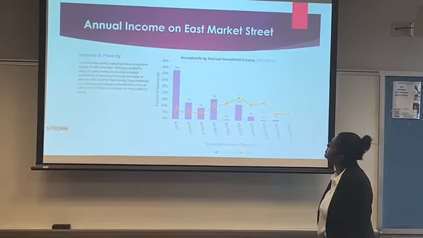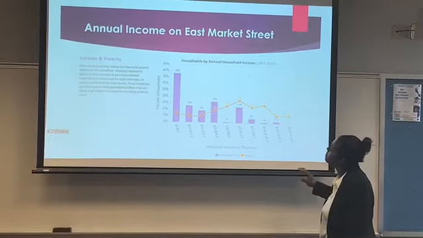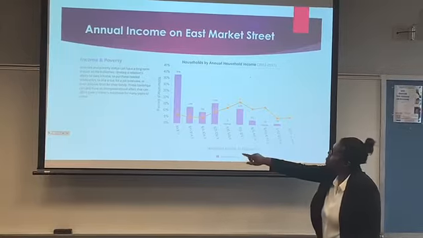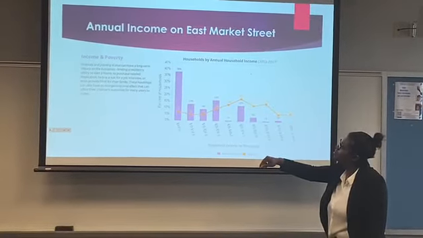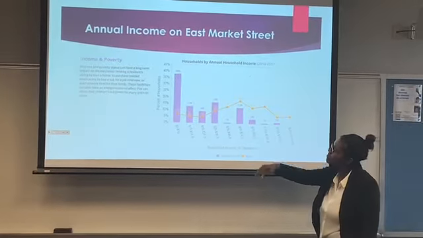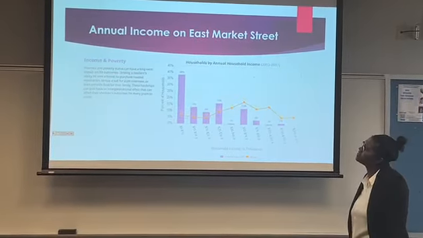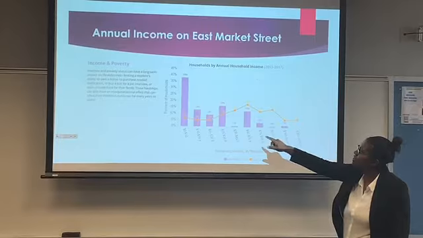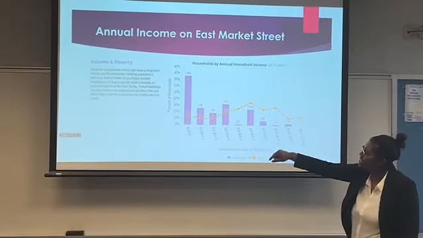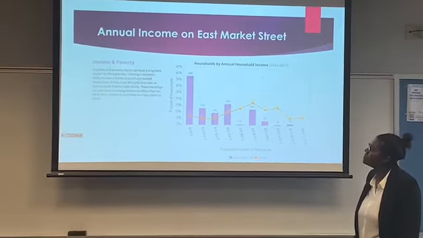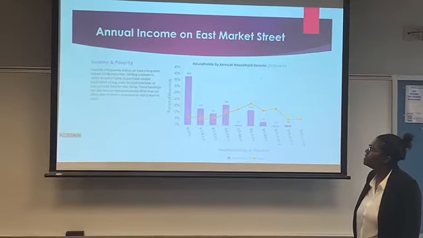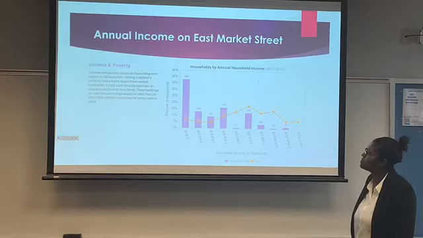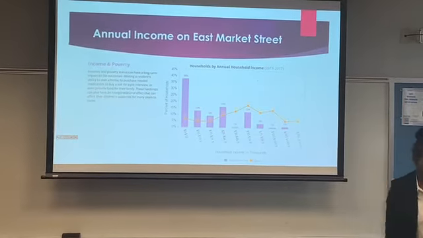The reason why we put this graph on our presentation is to show the percentage of people on East Market Street whose income is between $0 and $10,000 a year. And as you can see, it's 38% compared to the national average, which is only 7%. So that's a big gap between East Market Street and the national percentage.